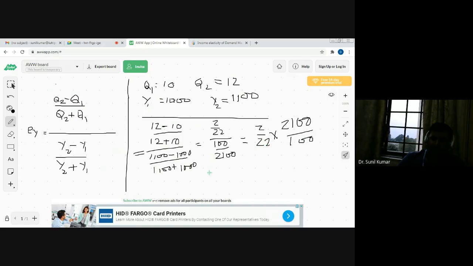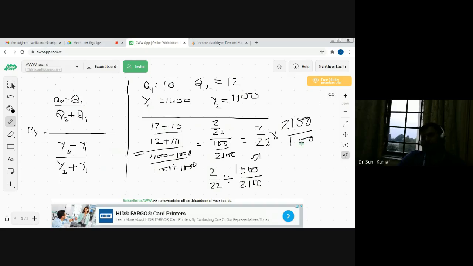Why have I changed it like that? Because this is the way. 2 upon 22 divided by 100 upon 2100. When you change this, it will be written like that.